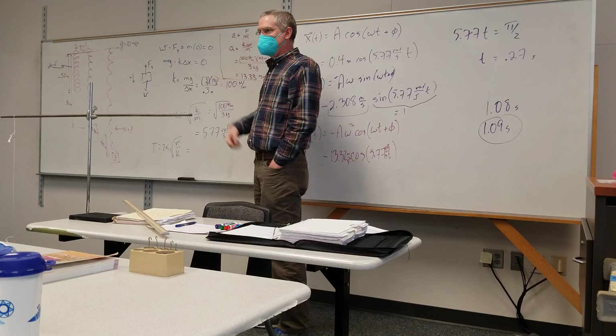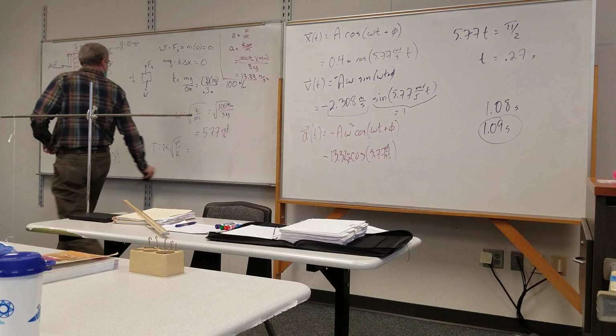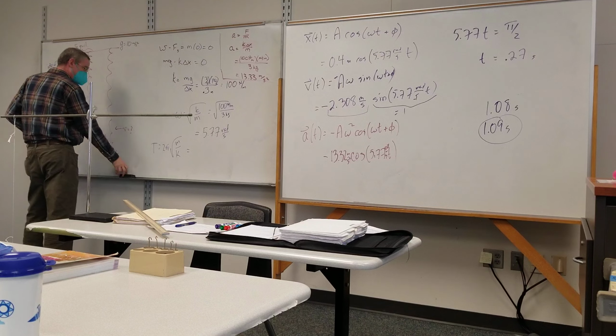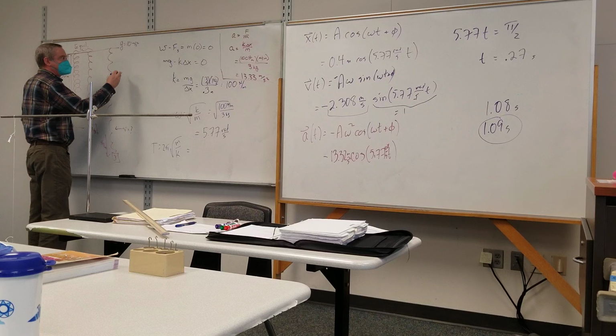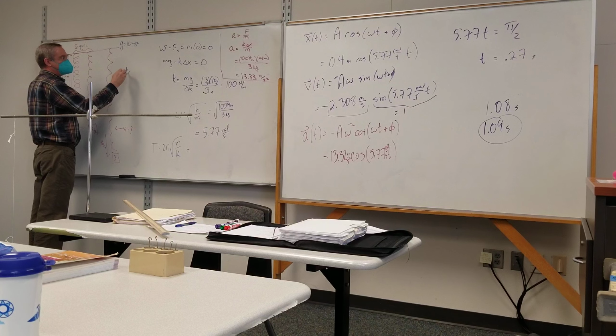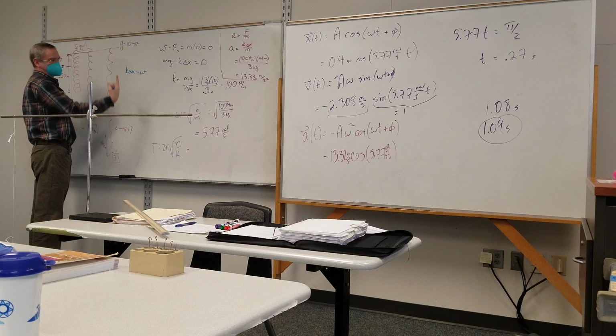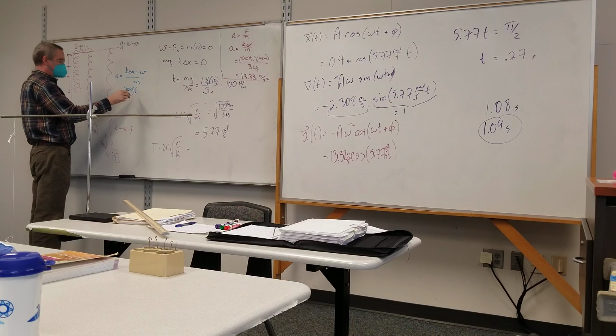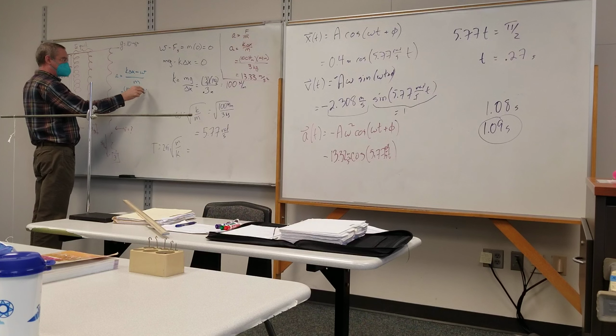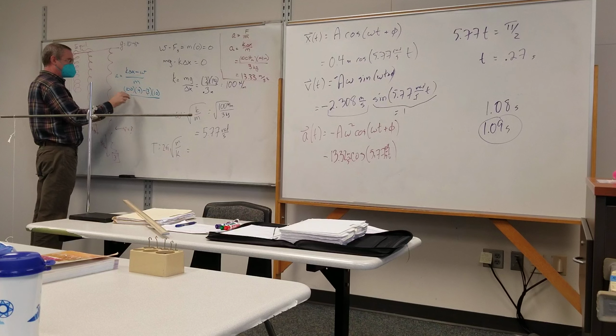Matter of fact, if I put weight in here, well, let's run through that. We'll assume that's etched in people's heads. If I did K delta X minus the weight, because it's pointing in that direction, over the mass, I get K, that was 100, times delta X, 0.4, minus 3 times 10, divided by 3.